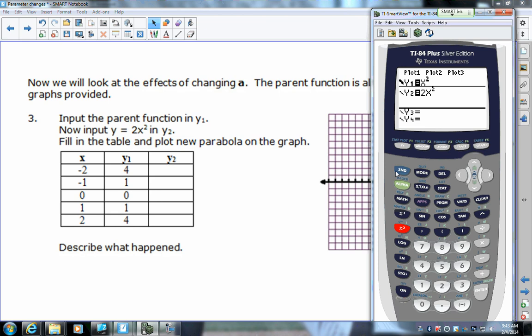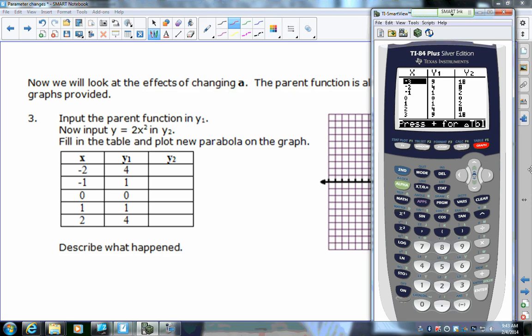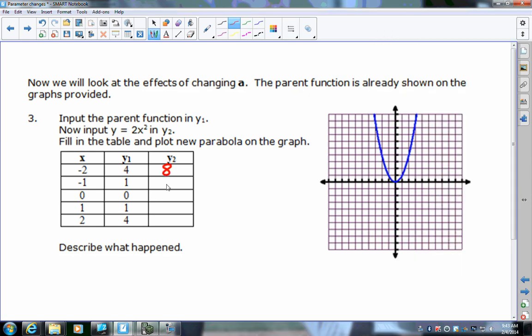So let's go second graph. All right, this time if we fill in the table, we're going to the y2 column. It says where negative 2 is, I've got 8, 2, 0, 2, and 8.